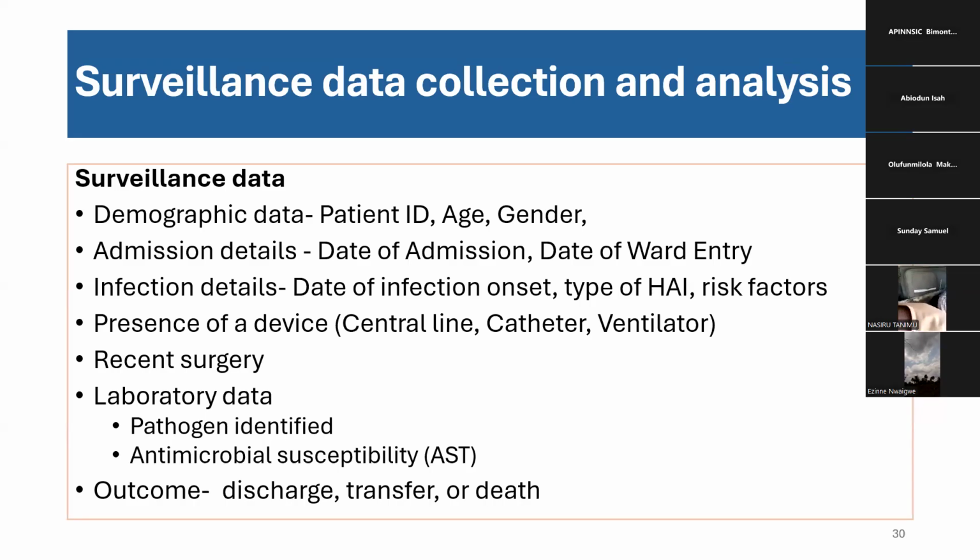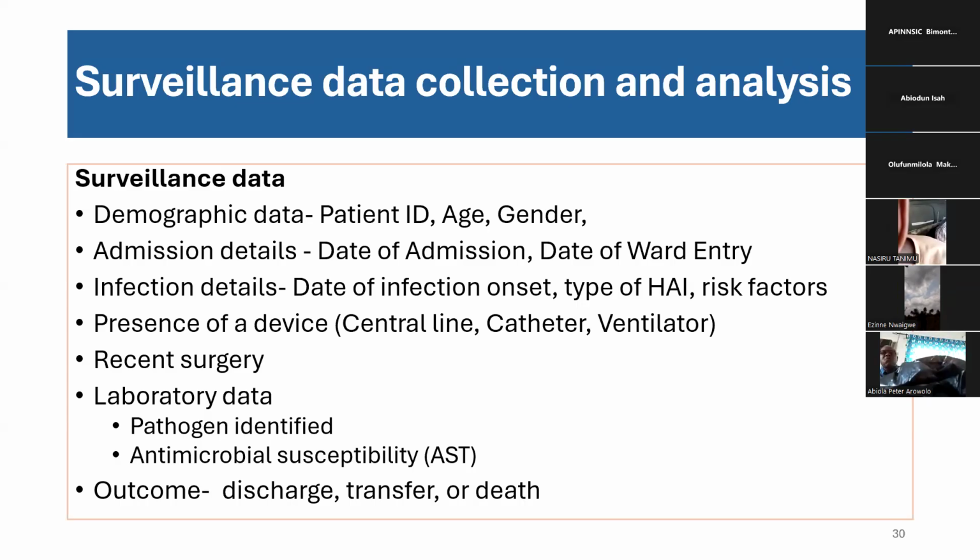Then infection details, dates of infection, the type of infection, is it a UTI, is it a surgical site infection? The risk factors, does the patient have risk factors like having devices in place? Is the patient diabetic? Is the patient taking the antibiotics irregularly? So those are the things that you'll be looking out for.